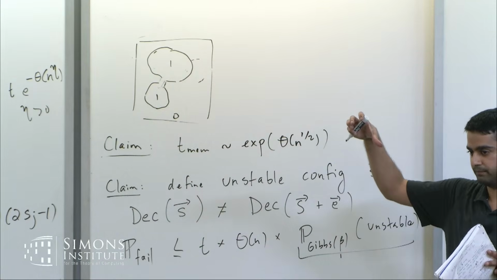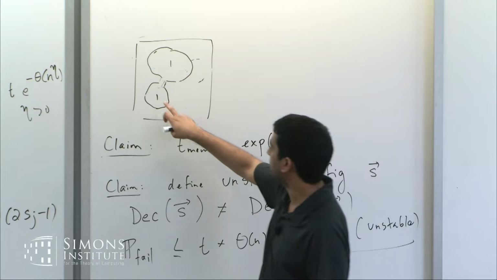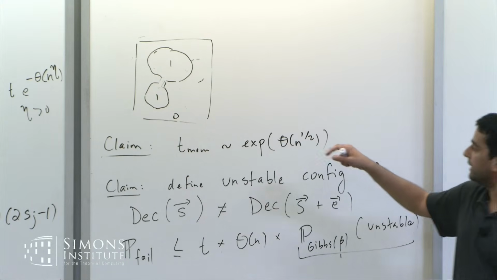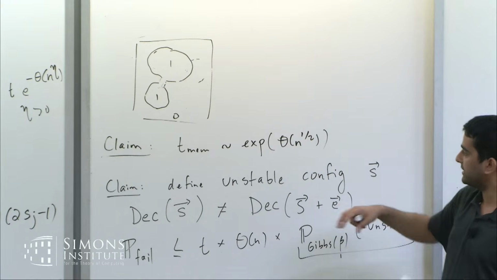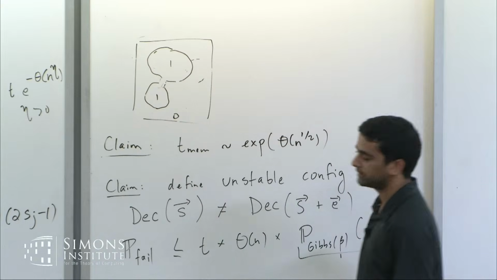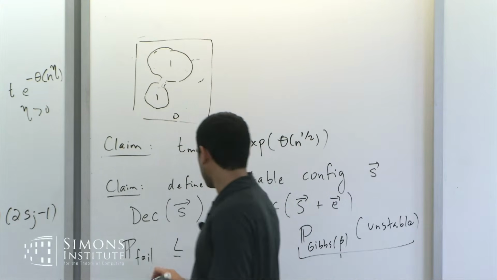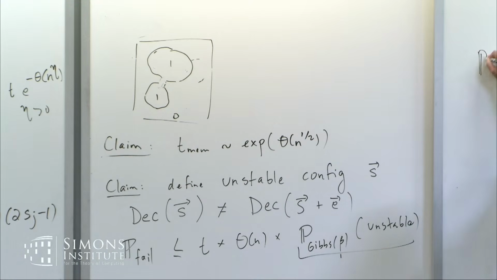I can accidentally make them very large, right? So an unstable configuration is one in which this domain of 1s is really large, and if I apply a single bit error, I will merge domains, and I will not be able to properly shrink these loops down to 0.